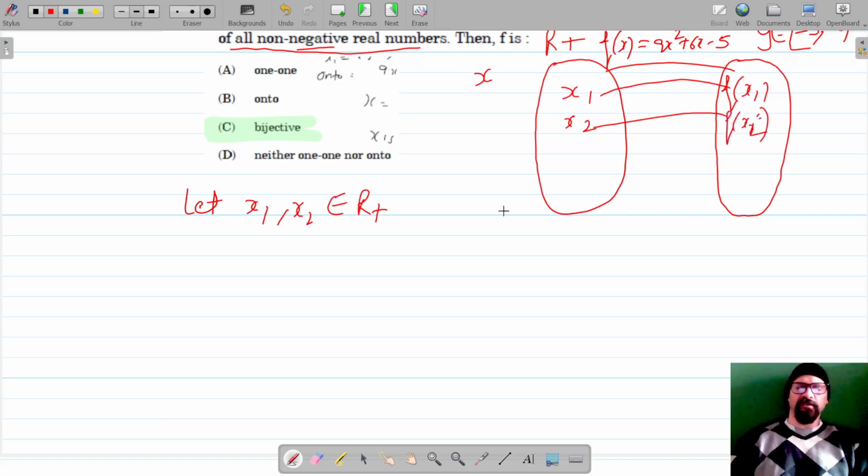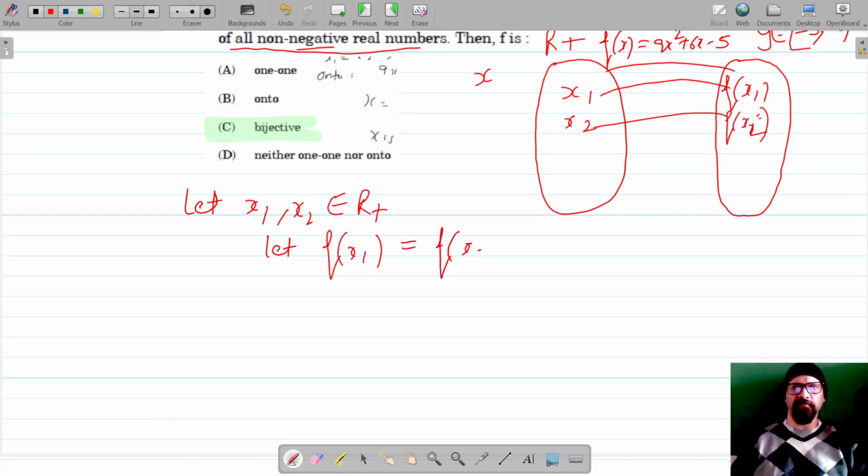Now let's assume that these two images are the same. A function is one-one when for every element x there is a unique image. So if these two images are the same, then these two elements should not be different, they should also be the same. That is, for only one element there is a unique image.